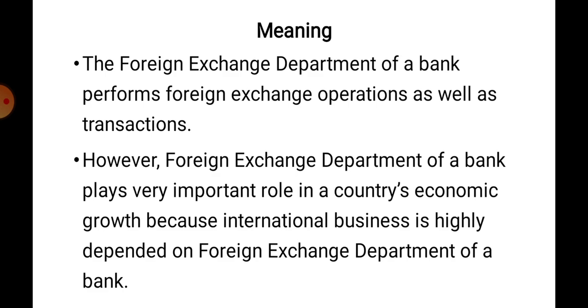Any foreign currency, travelers' checks, letters of credit, and bills of exchange are processed by this department.